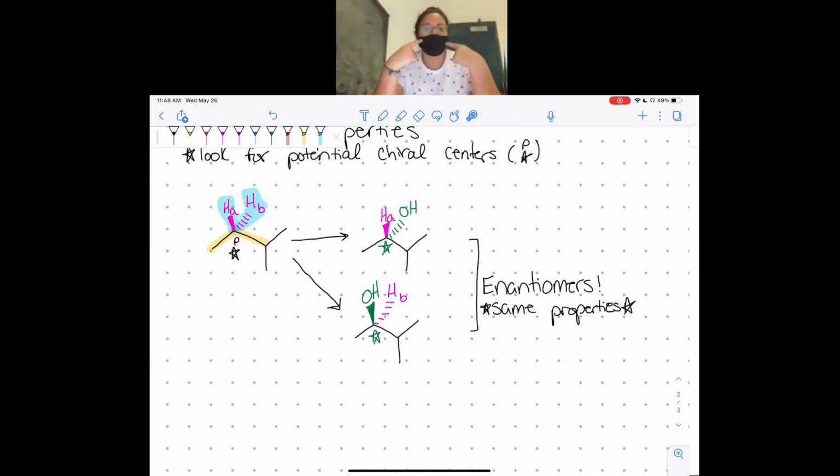For example, the receptors in our nose are stereospecific, so they bind specific enantiomers. Let's say both of these were going to bind in our nose, and they were different smells. This one would probably have a different smell than this one because it would be binding to different receptors.